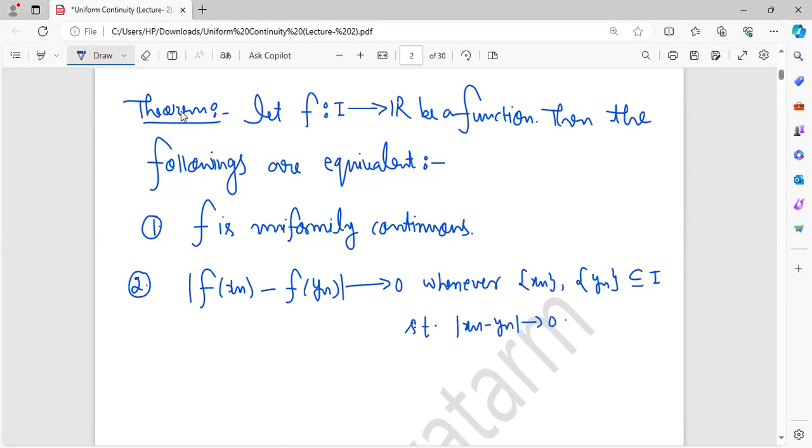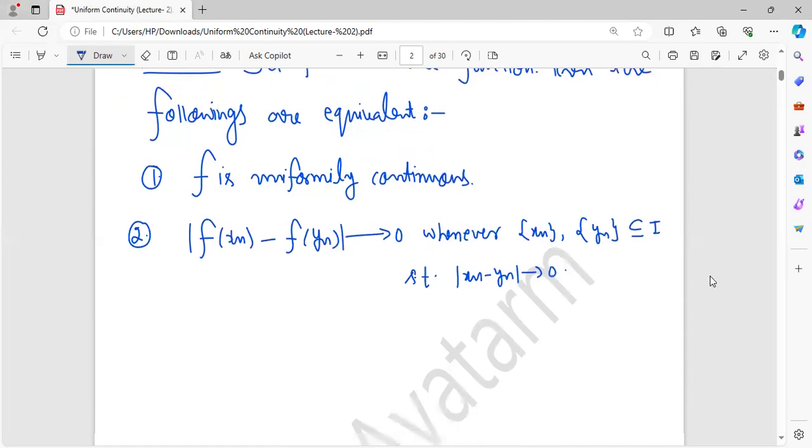So these two statements are equivalent. If f is uniformly continuous, you take any two sequences whose difference tends to 0, and the corresponding image sequence will tend to 0. Or if the image difference tends to 0 whenever two sequences have their difference tending to 0, then such a function will be uniformly continuous. So let's prove this result.